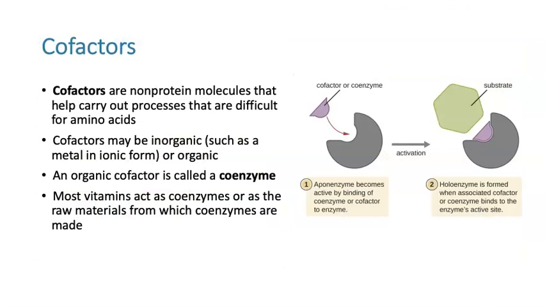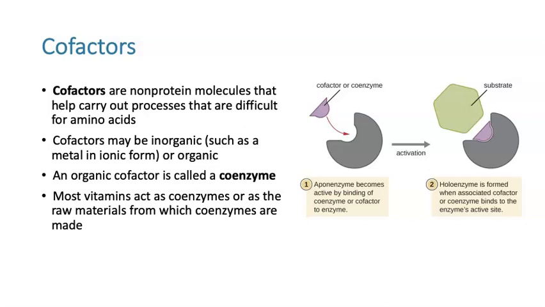Something else that really can affect enzymes is something called cofactors and coenzymes. We'll be talking about this quite a bit when we get into later chapters. I grabbed this picture off the internet. It is very useful. It looks maybe like it contradicts something that I'm going to show you in a minute, but it doesn't. So let's look at what cofactors and coenzymes are and see how they work.